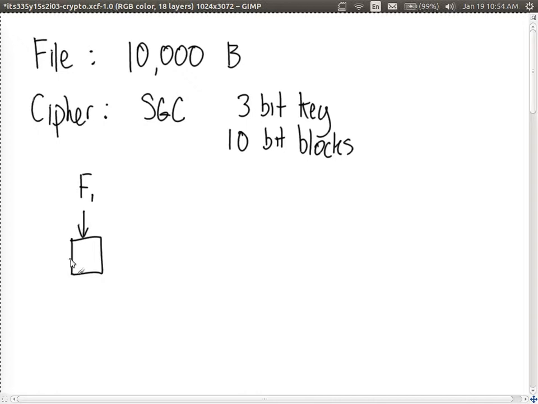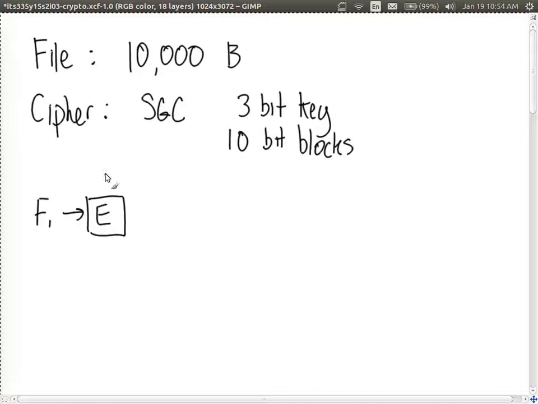We take the first part of the file, we encrypt it, we use a key K, and we get some ciphertext as output.